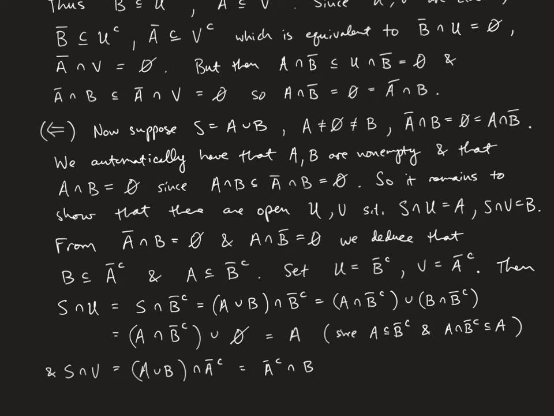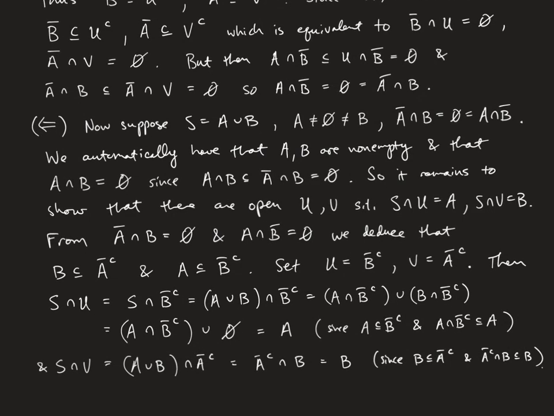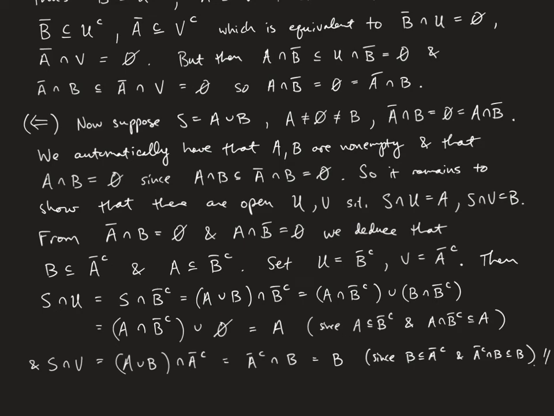And again, this is just going to be equal to B, because this set must contain B intersect B from this fact here, but it's also contained in B. And so since B is contained in the complement of A closure, and the complement of A closure intersect B is contained in B, all right, that completes our proof. So that is the last step of the proof.